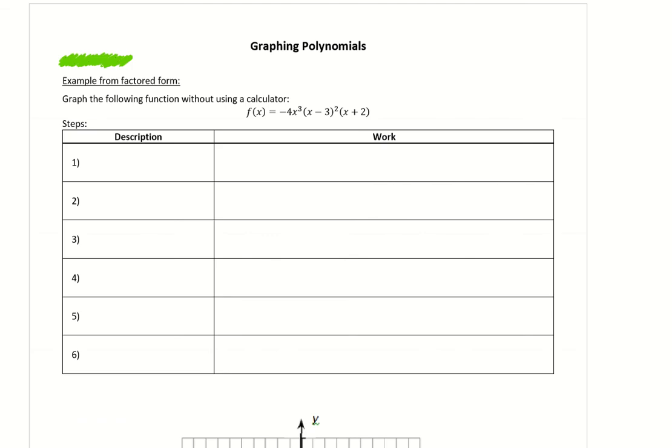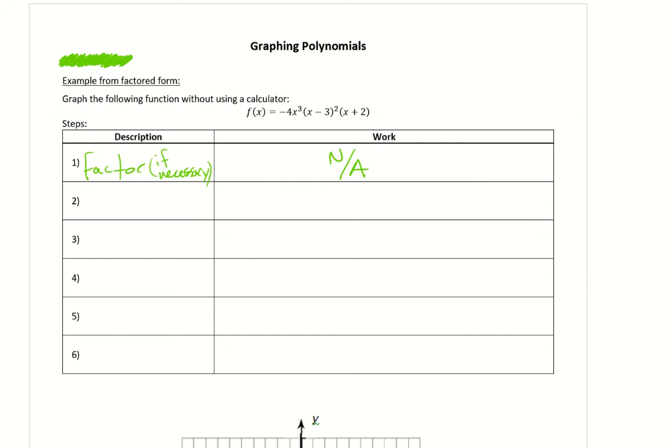Okay, so the first step in graphing polynomials, we're going to use this polynomial right here as an example, is to factor it if necessary. This one's already factored, so we're going to just skip that step. As we learned in the last couple classes how to factor, you know how to do that now. So there's no work to be done here.